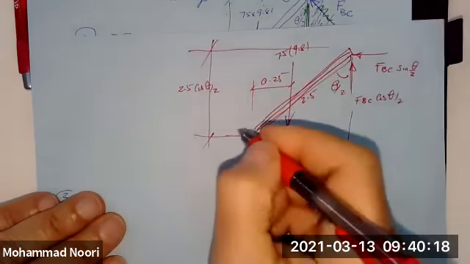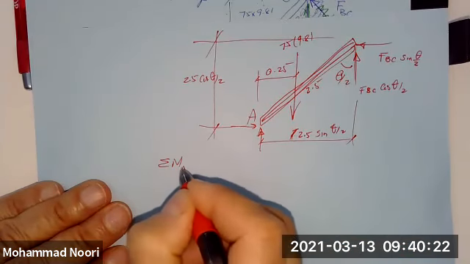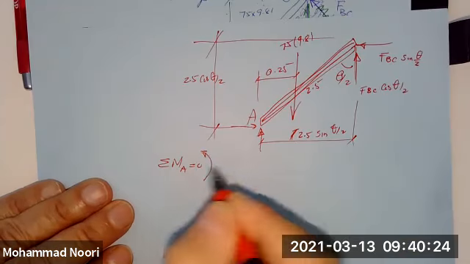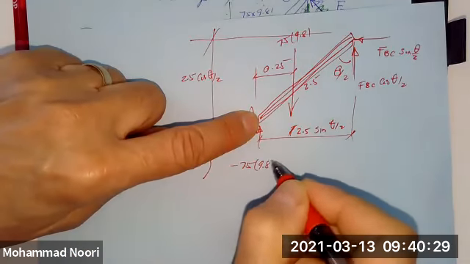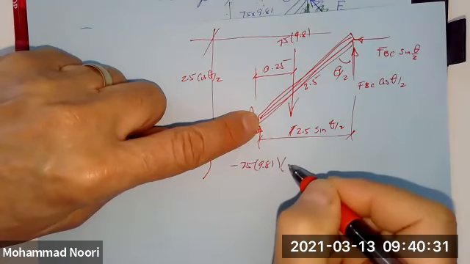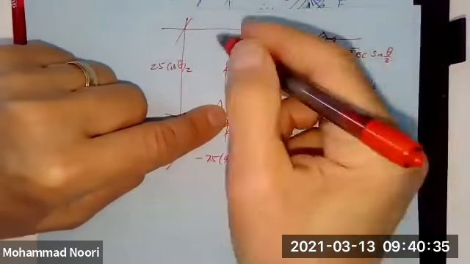So when you take summation of moments about A, summation of moments at A is equal to 0, you have negative 75 times 9.81 times this distance, which is 0.25. Then you have moment of this, which is positive.